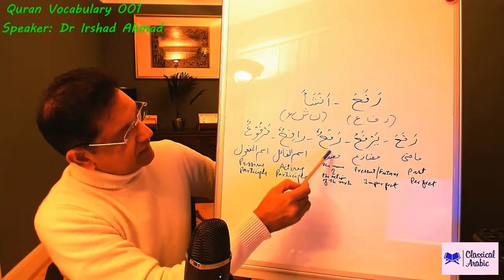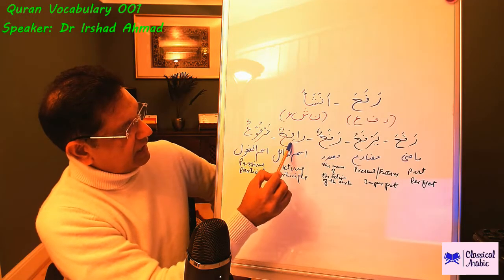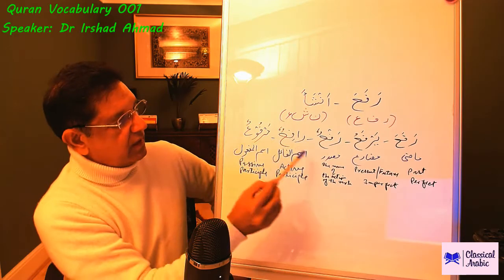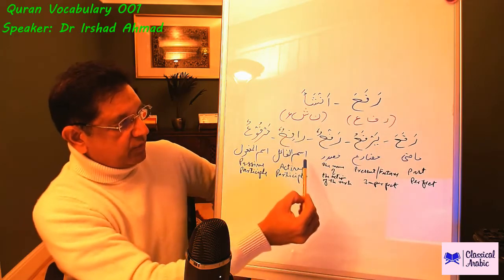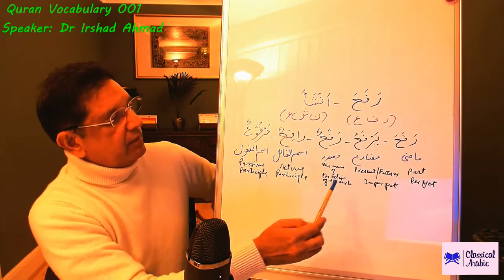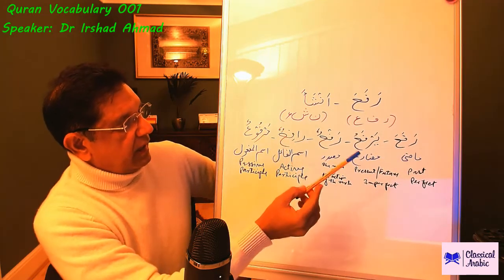But we see that Rafa'a is in here, and in here as well, and here as well. So all these words contain the verb in them, but only 2 of them are verbs, 3 are nouns.